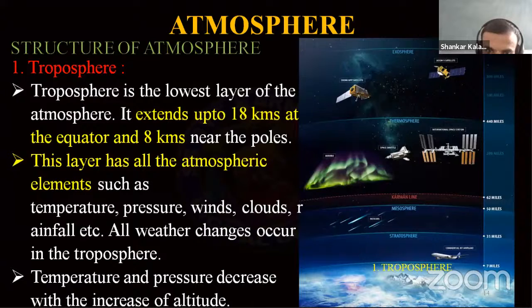It extends up to 18 kilometers at the equator and 8 kilometers near the poles. Near the poles, the length of the troposphere is less, but near the equator it is very big.